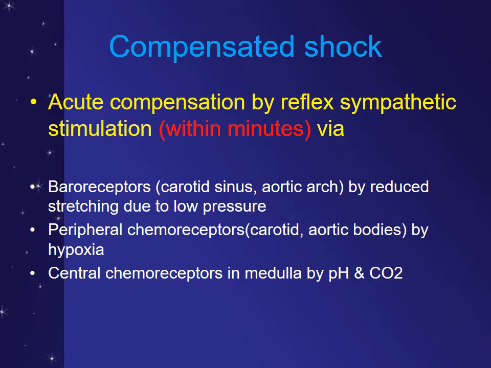So there will be reduced stretching of baroreceptors due to low pressure, and there will be peripheral chemoreceptor stimulation, which are in carotid and aortic bodies, by hypoxia. And there will be stimulation of central chemoreceptors in the medulla of the brain by low pH and high carbon dioxide.